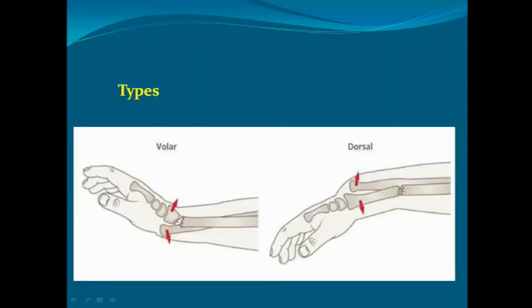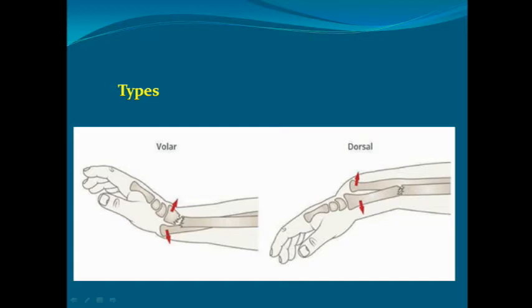So here also we have two types of Galeazzi fracture. Volar type, when the dislocation goes below, when the ulnar head goes towards the volar side. Remember, we are classifying this not in terms of the fracture fragment.